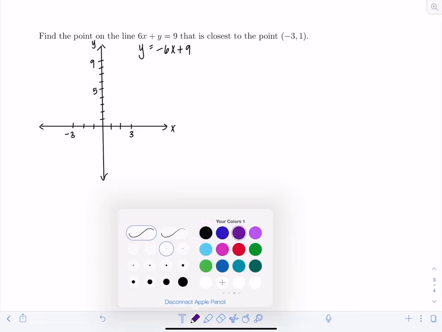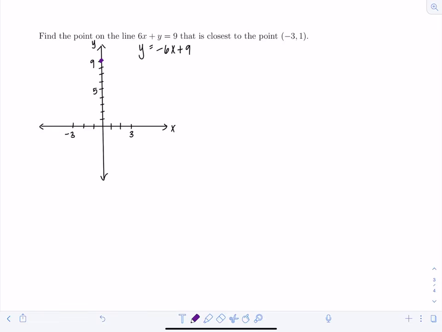All right, so I have y-intercept here, and then the slope's -6, so I can go down 1, 2, 3, 4, 5, 6, and then over 1 to the right, just to give us an idea of what's going on. And then the point is -3, 1.